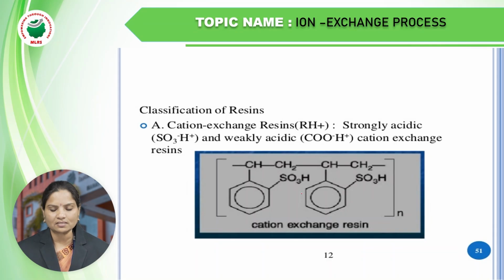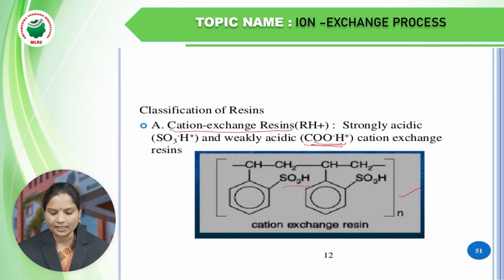First, what is the cation exchange resin? This is the structure of the cation exchange resin: polystyrene attached with acidic functional groups like sulfonic acid or acetic acid. Strongly acidic or weakly acidic groups are used in the cation exchange resin.